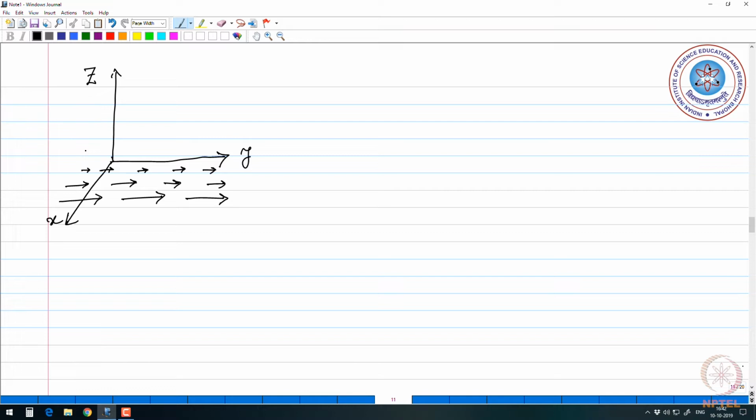And when we reverse x, this changes sign.